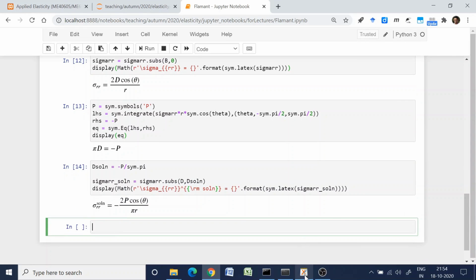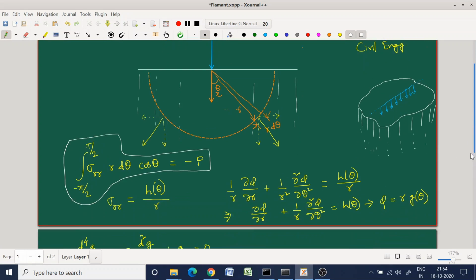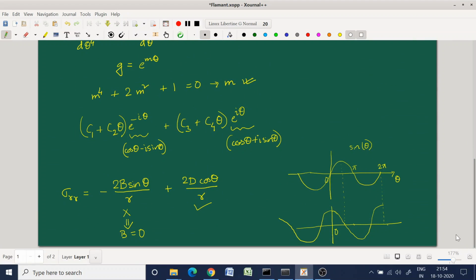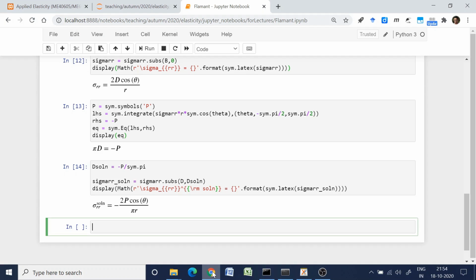So our solution finally is sigma rr is equal to minus 2p cos theta by pi r. Sigma theta is equal to 0 and sigma r theta is equal to 0. So that is our entire solution.